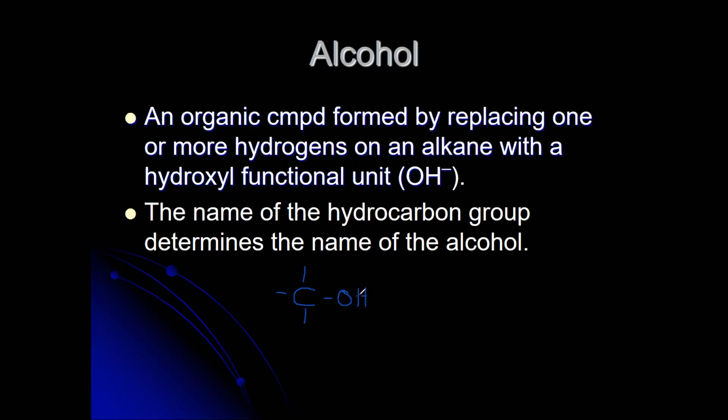This has now become an alcohol, and you name it methanol. It was methane, now methanol. So you drop the E and you add OL on methane. We can do the same thing to ethane, and now you have ethanol. We can do the same thing to propane, and now you have propanol.